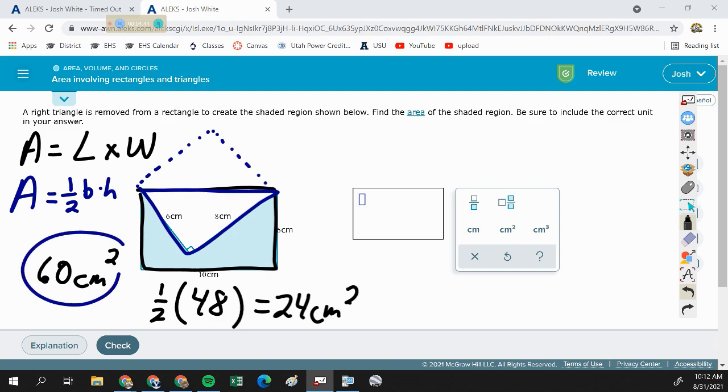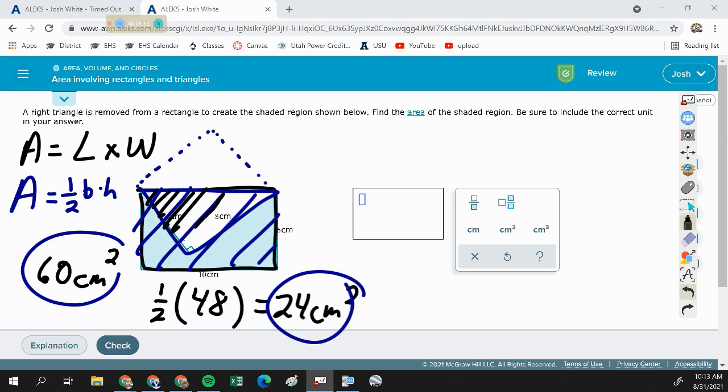So this is all of that, and this is that. So to find the shaded region, I just take 60 and subtract 24, and I get 36 centimeters squared. Any questions? Okay.